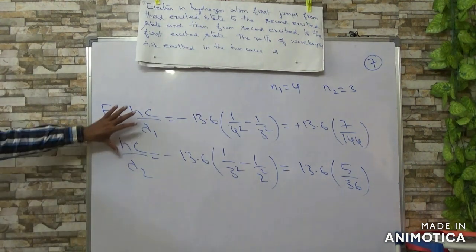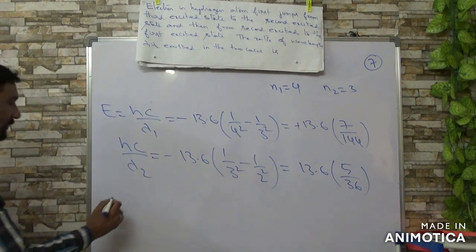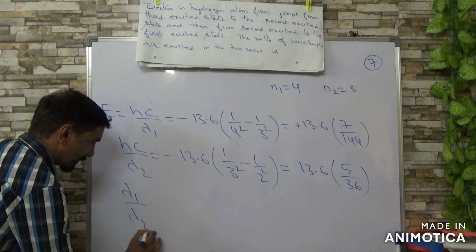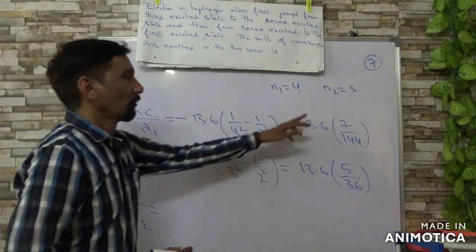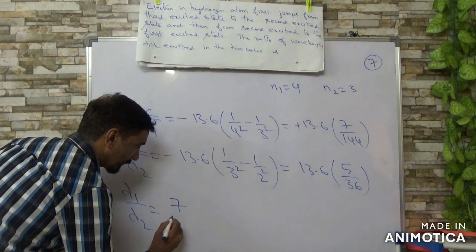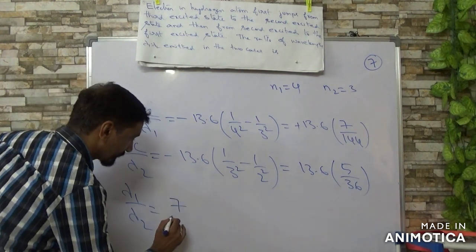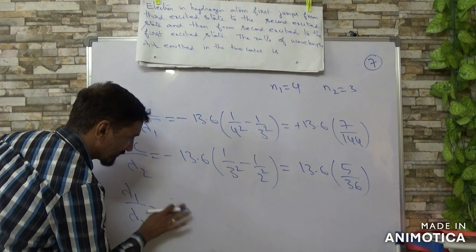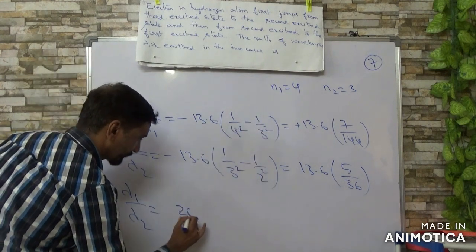When you take the ratio of these two, lambda 1 by lambda 2, these are all cancelled. You get 7 by 20 by 7, reverse, right?